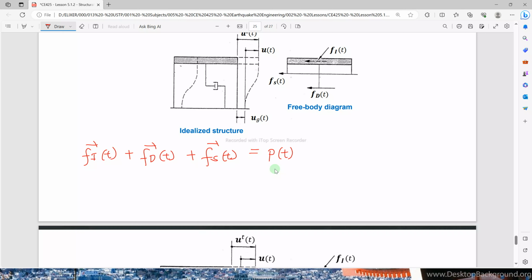But since there is no applied here, so may tabo. That is just equal to a null vector. But there is a change in the equation of motion because of the addition of the ground acceleration sa tuang mass.